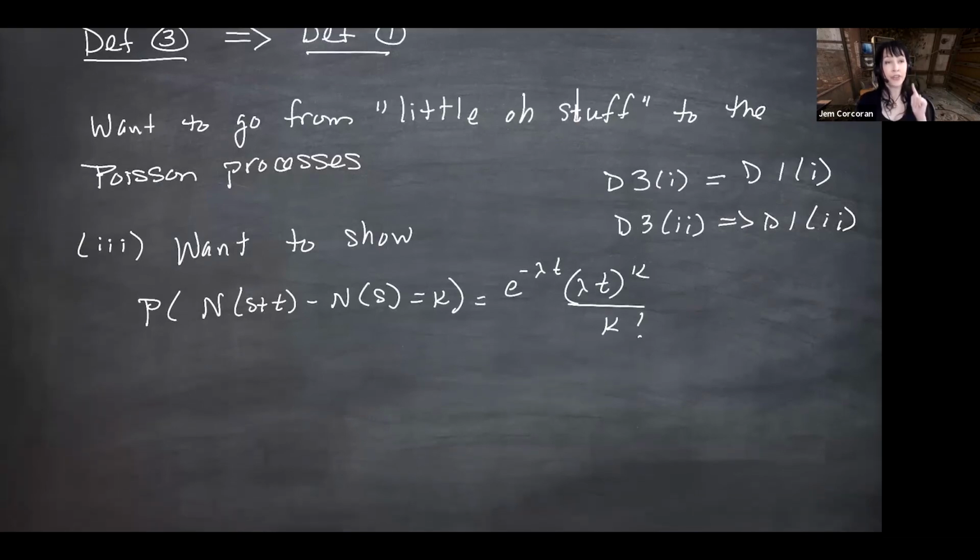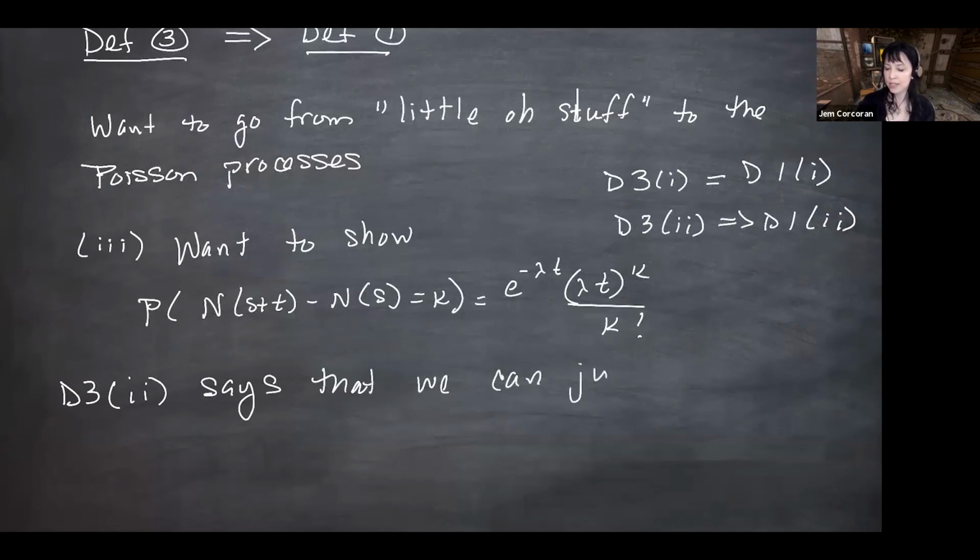Now, definition 3, double I, says our process has stationary increments. So it's okay if we only show the probability that N of t equals k is this.